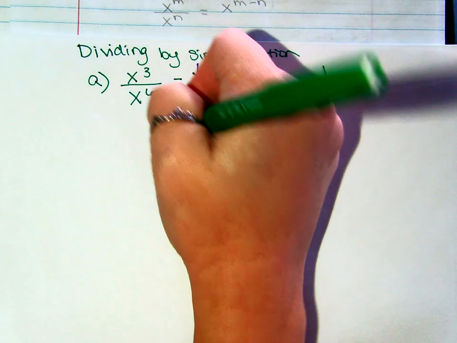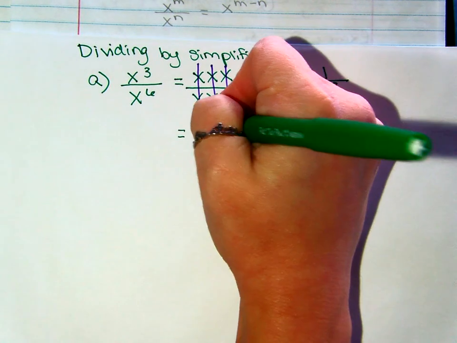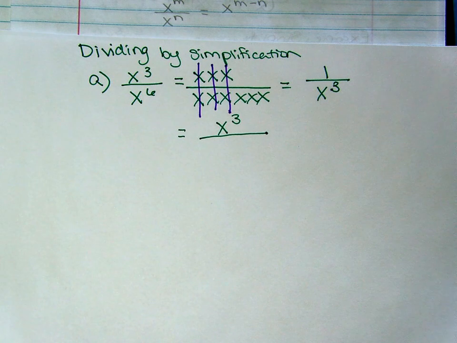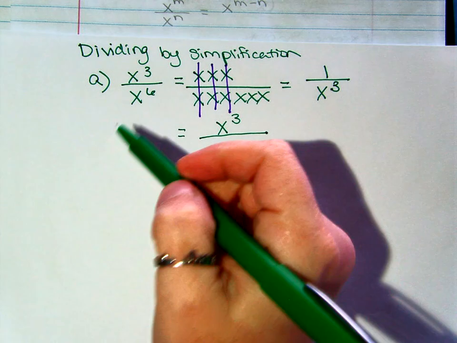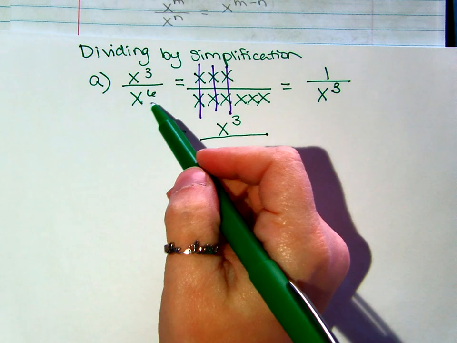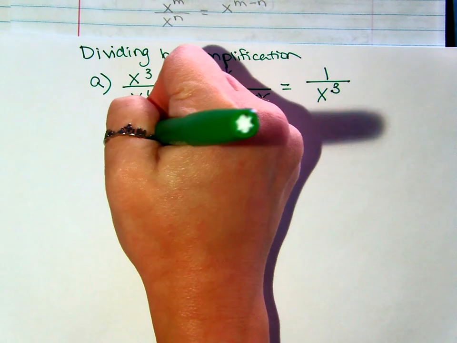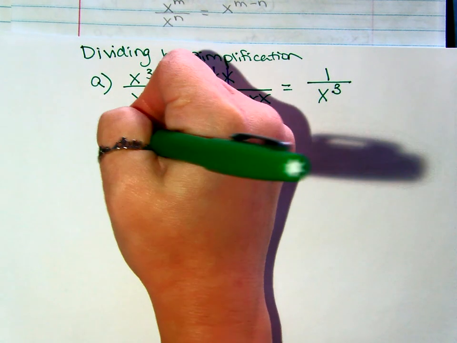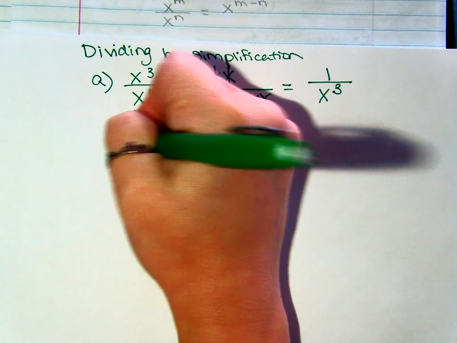Another way you can think about this is we had x to the third on top, and so I'm going to think backwards a little bit. Can I split x to the 6th into 2 things, kind of going backwards with my product rule, so that I have an x to the third and an x to the something?